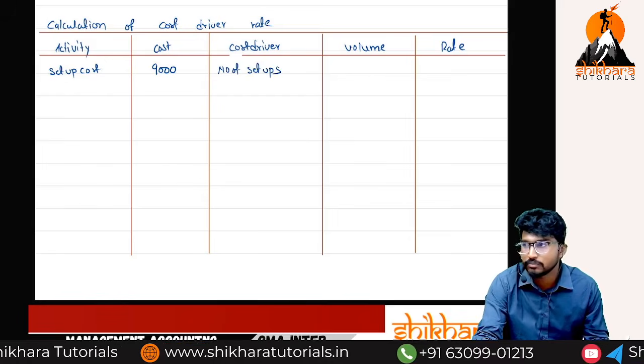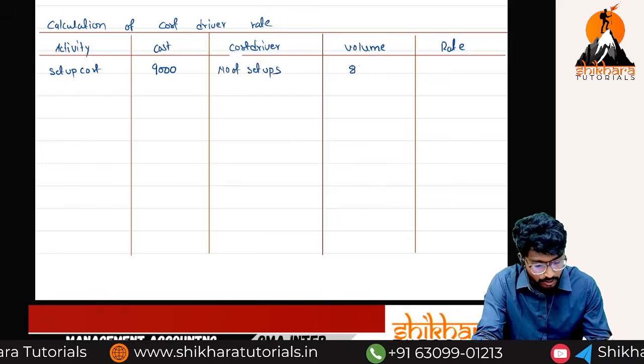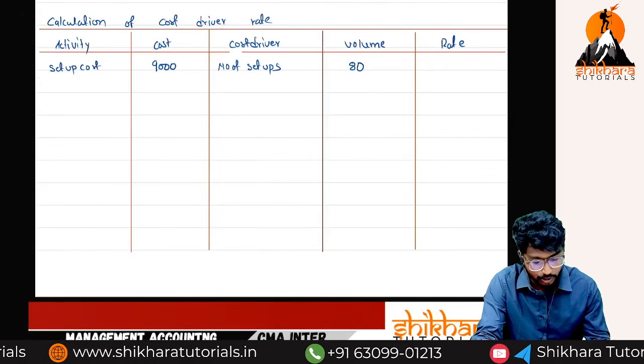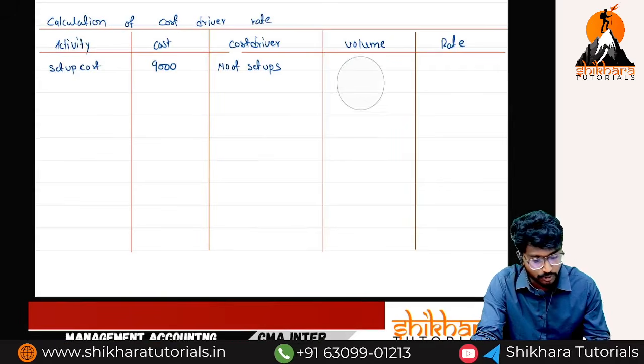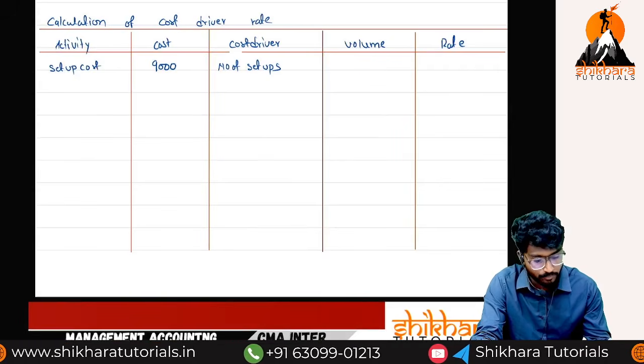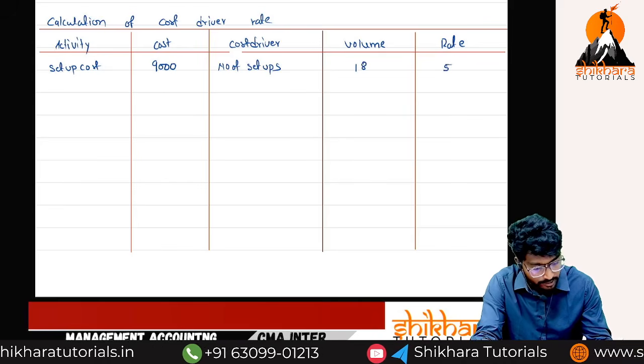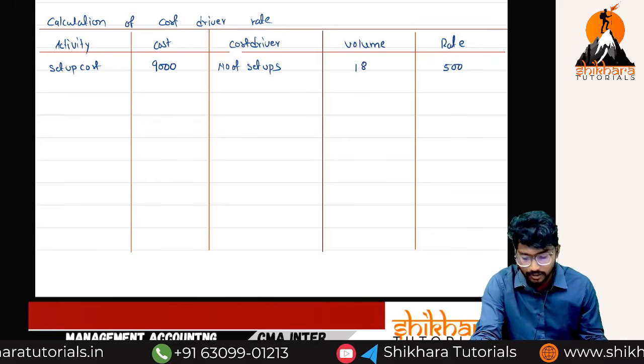What is the volume? 18, right. So volume means the total number of setups used for all types of products, 18. Then what is the rate? 500. Am I correct? Next.